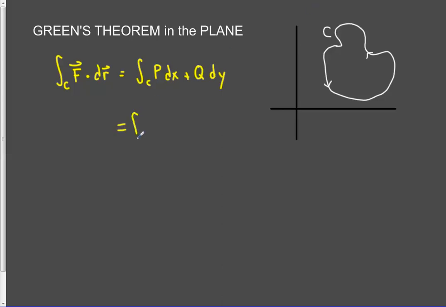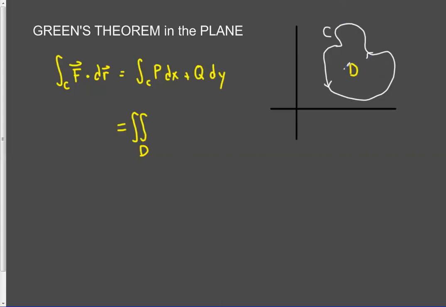It is equal to a double integral over a region that I'll call D. And this region D is actually the inside, the two-dimensional interior of the closed curve C. So it's the region, the interior where C is the boundary.